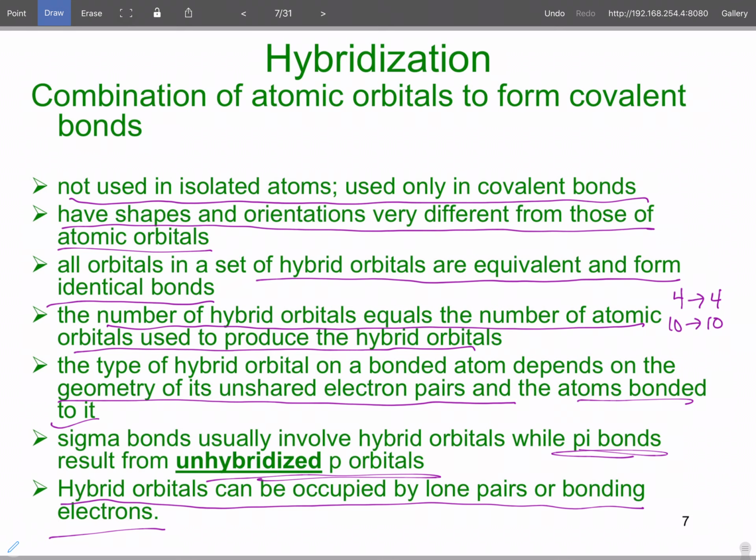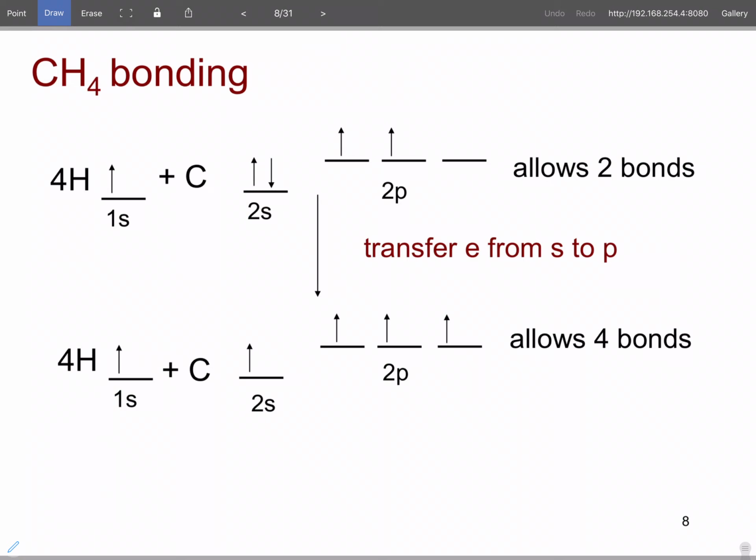So let's see some examples of why a hybrid orbital forms, how it forms, etc. If we look at CH4 bonding, we know that there are 4 bonds. And we know in real life that they are identical. Okay?